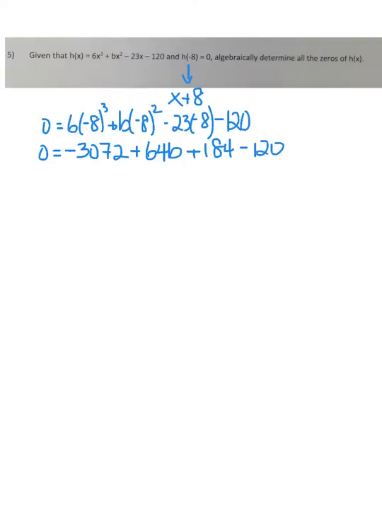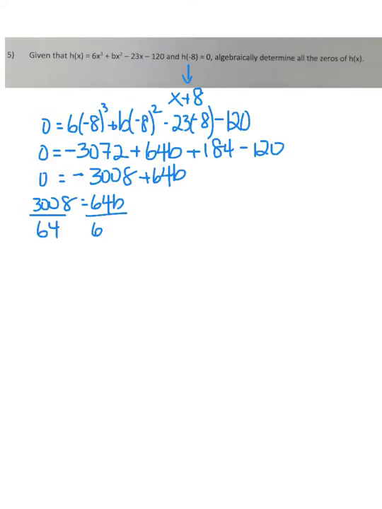And keep going. So that's going to give me 0 equals negative 3008 plus 64b. Now I'm going to move this negative 3008 over to the left-hand side, which is going to give me positive 3008 equals 64b. Then I'm going to divide out the 64, and I know that b is 47.